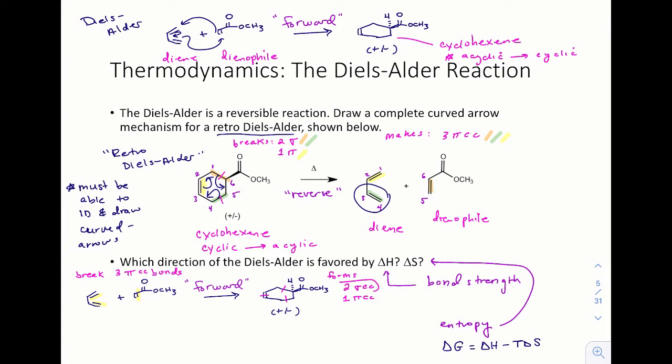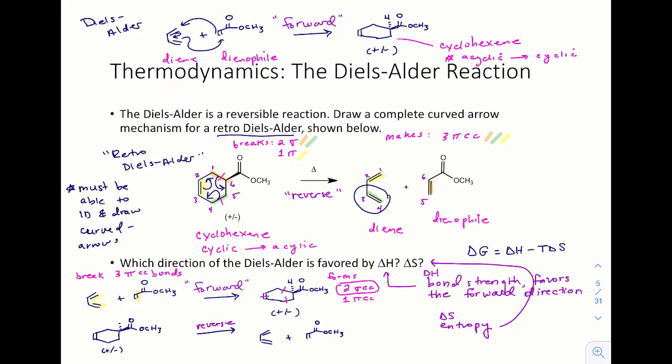Because sigma C-C bonds are stronger than pi bonds, the forward direction is favored by delta H. On the other hand, in the reverse direction, one molecule is converted to two molecules. The two things represent more degrees of freedom than one. Thus, the entropic term, delta S, does favor the reverse direction.